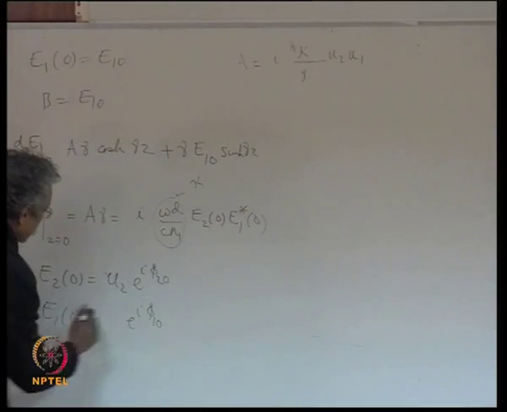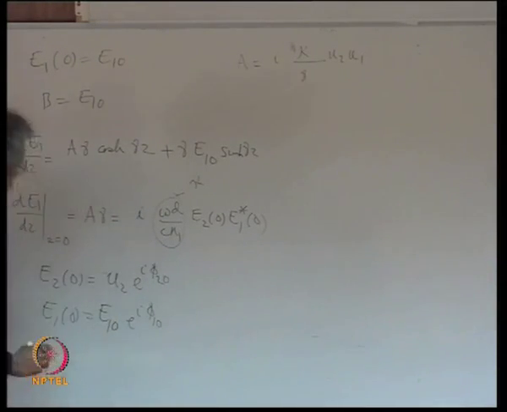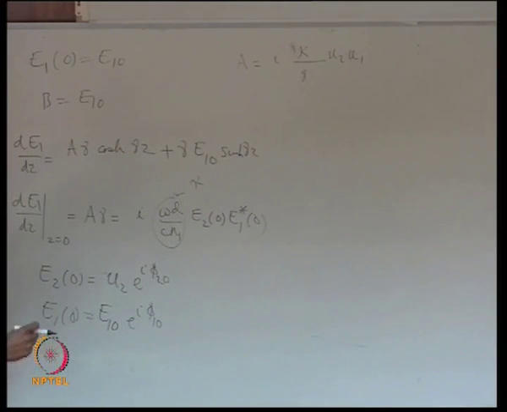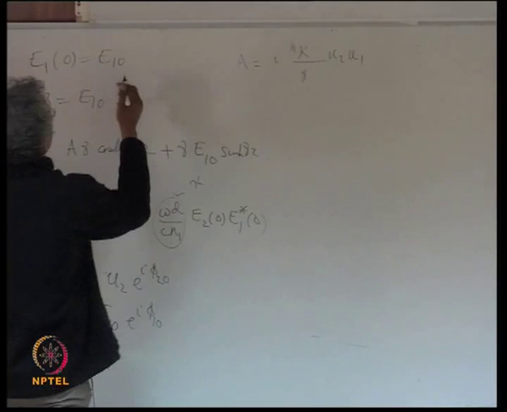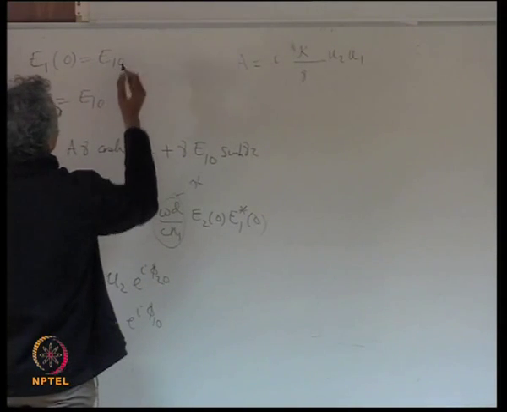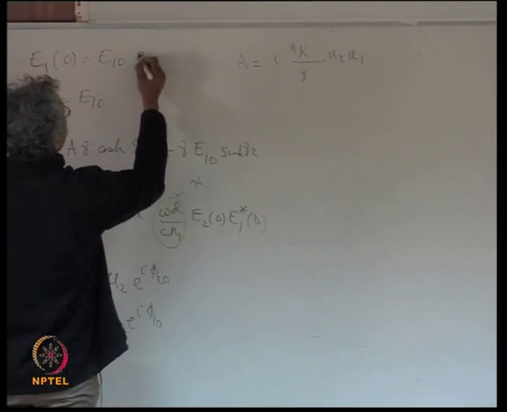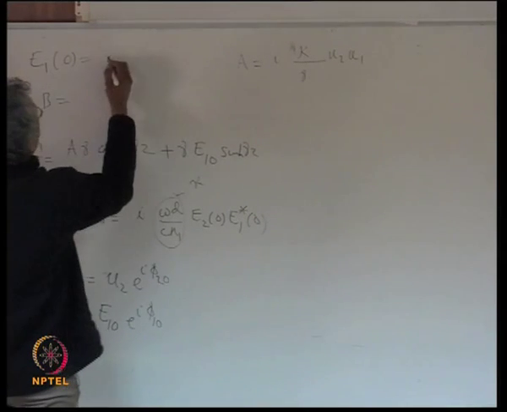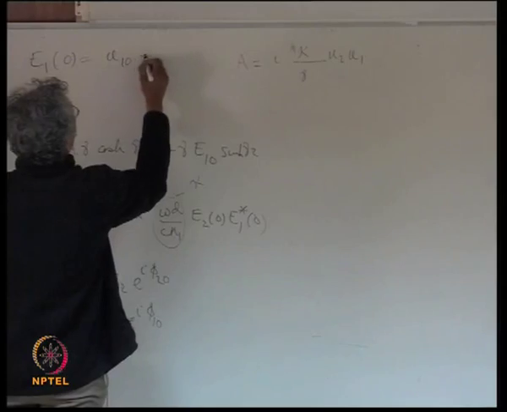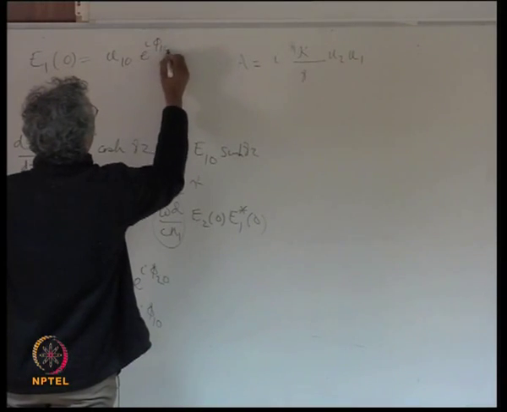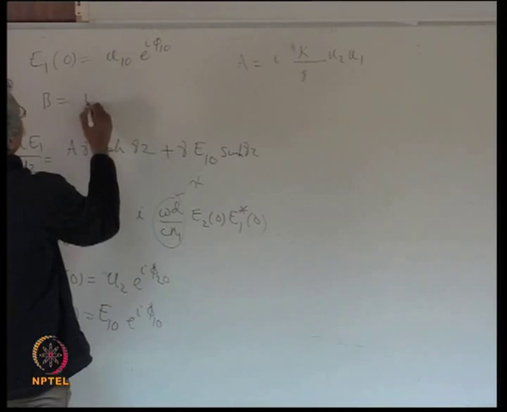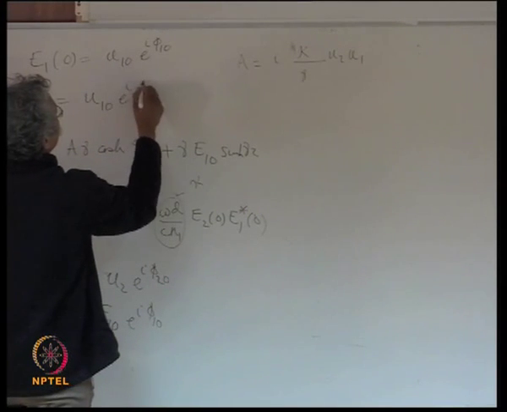This is E1 0 actually, because E1 of 0 is E1 0. Please just correct this. This is E1 0, U1 0 e to the power i phi 1 0. Amplitude and phase. So B is equal to U1 0 e to the power i phi 1 0.